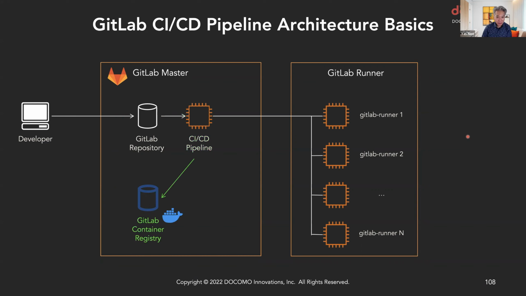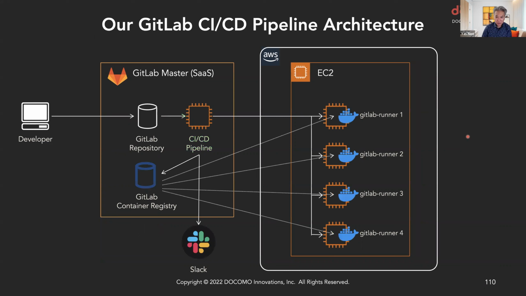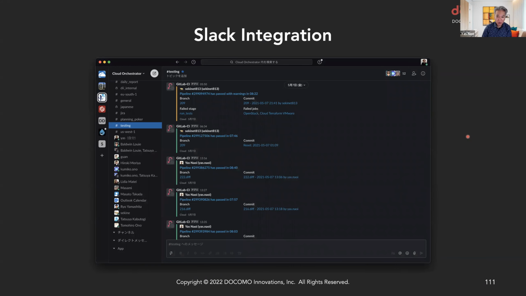The pipeline pulls a container from the container registry as the testing environment, including the Behat test suite, then deploys the container to each runner and starts the tests in parallel. Here is our actual deployment diagram using Amazon EC2 for GitLab runners. Also, the test results are notified to our Slack channel.